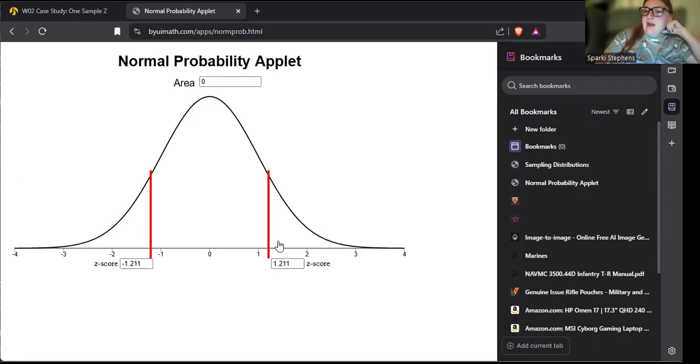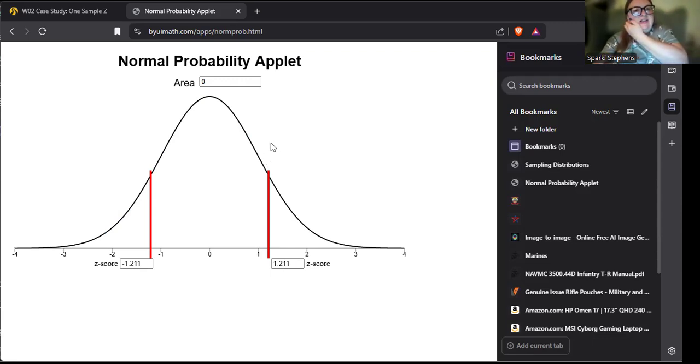However, sometimes, and there's only one time this ever really happens, they give you two X bars, and you have to calculate the z-score for each one of them. I've only seen this once or twice on the test.